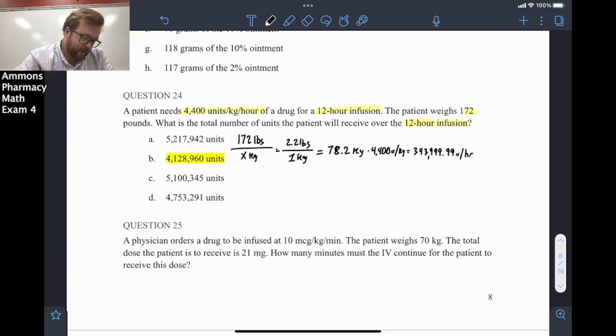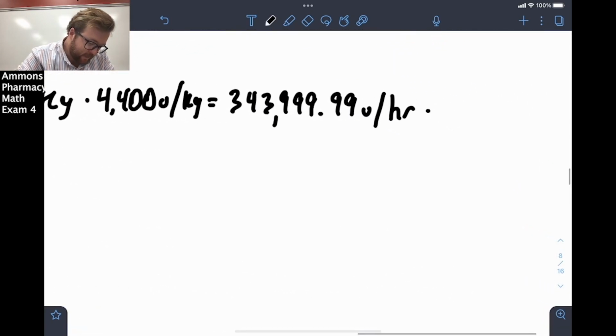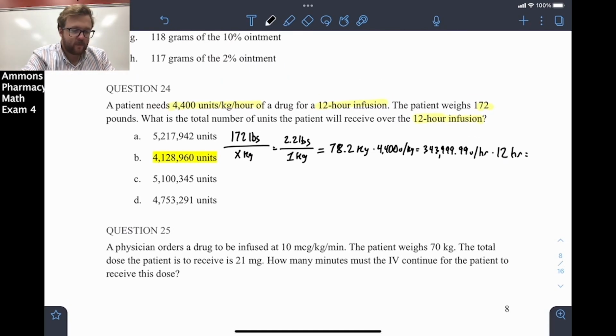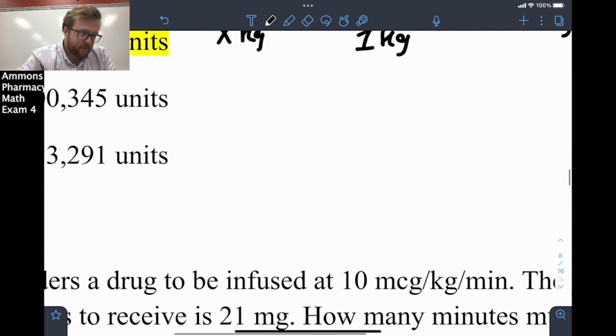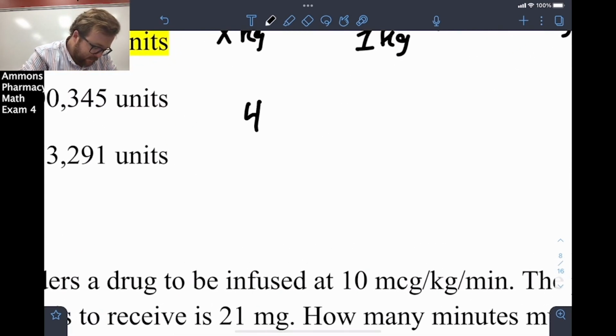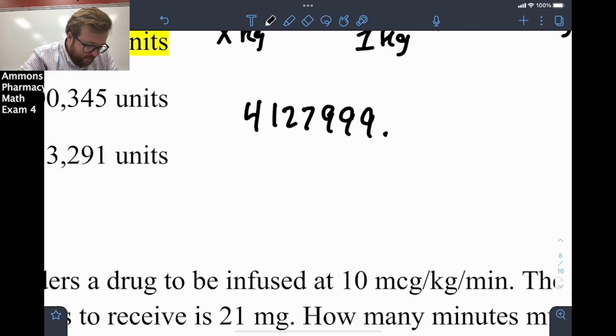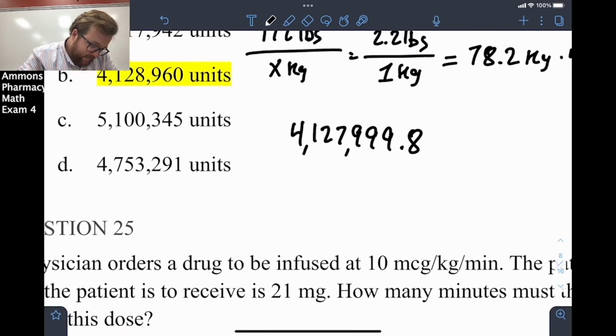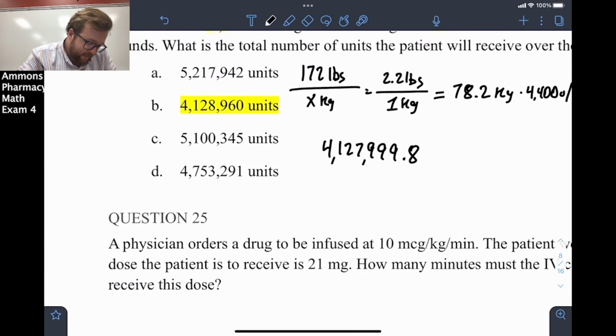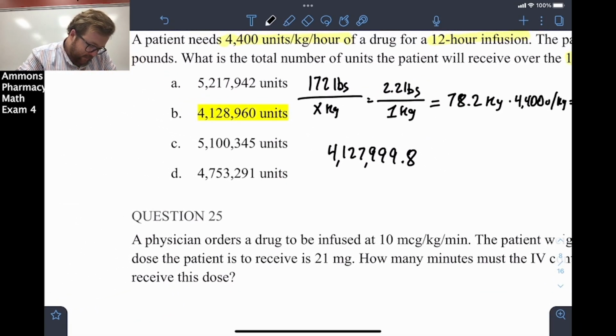He's getting it for 12. So we need to multiply this by 12. My little calculator barely holds that many numbers. 4,127,999.8. That is 4.127 million. So that's my closest number right there.